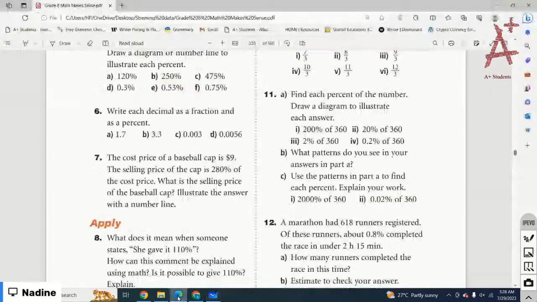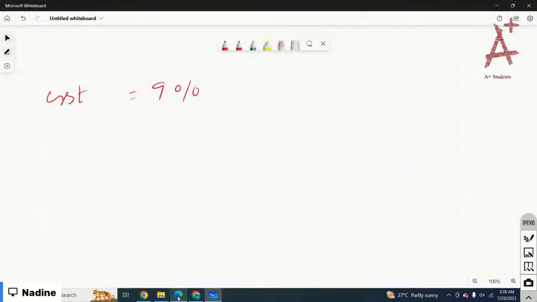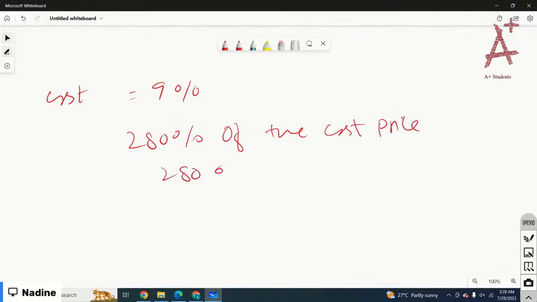The selling price of the cap is 280% of the cost price. That means it is 280% times 9. So it would be 280 over 100 times 9. When you multiply, that would be 25.2. That means the selling price of the ball cap is $25.2. Got it?